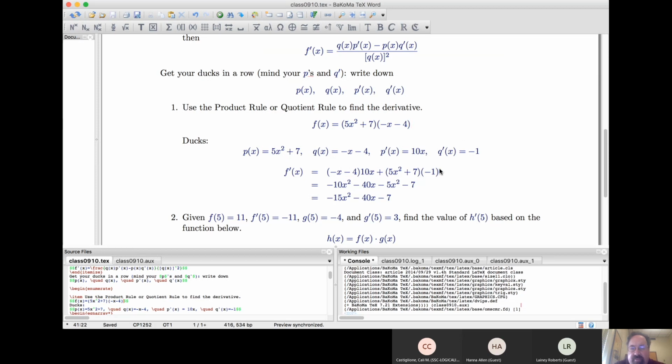So now I have a derivative. After that, I just do a little cleanup. I distribute, and generally this will lead to some like terms that can be combined, and this is the final answer. Although in Hawks, I would not recommend taking a lot of time to try to simplify answers.